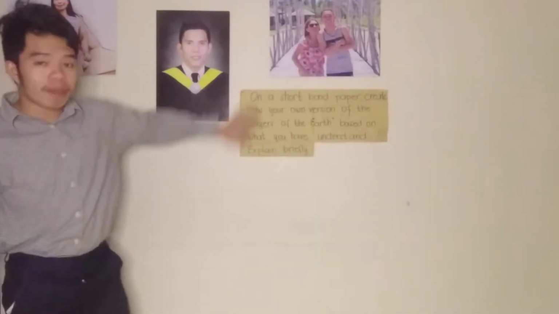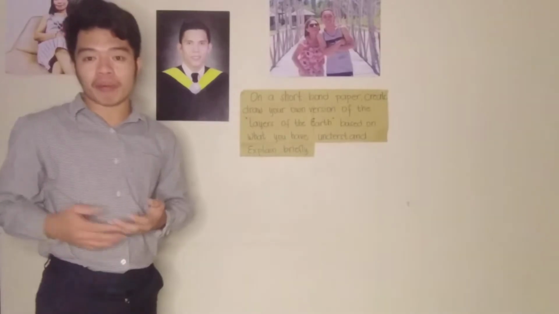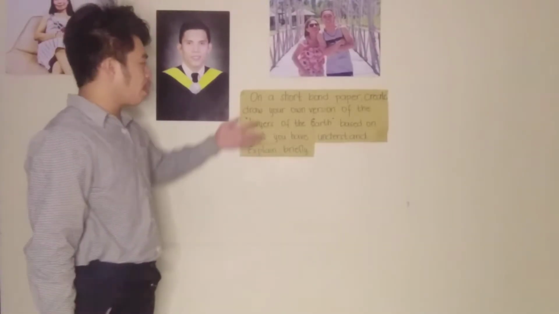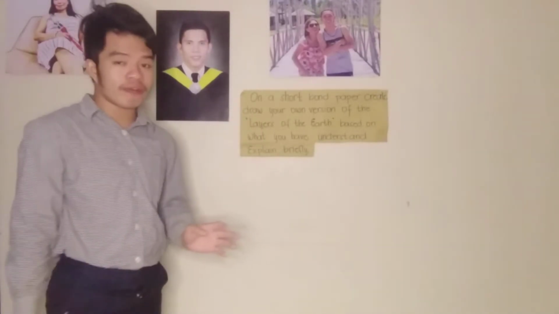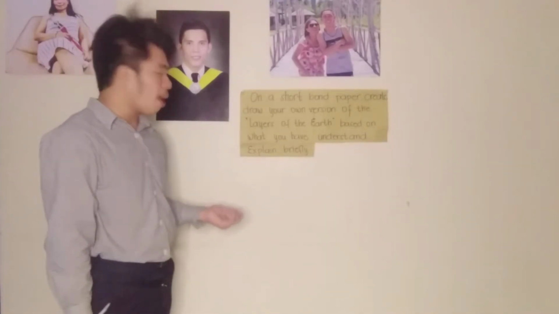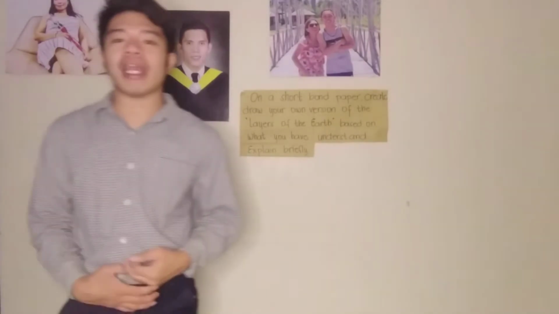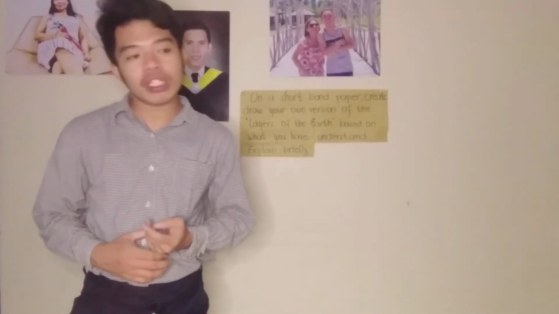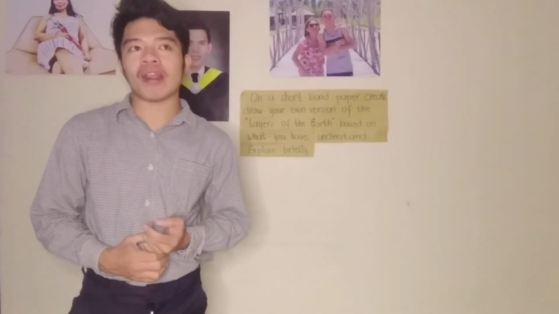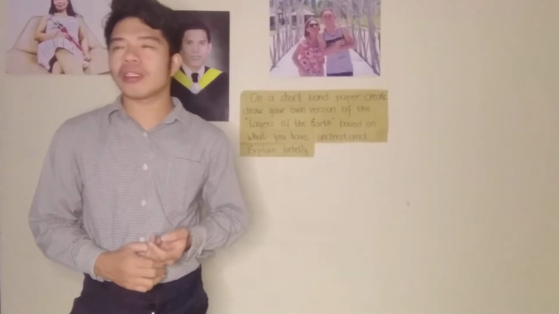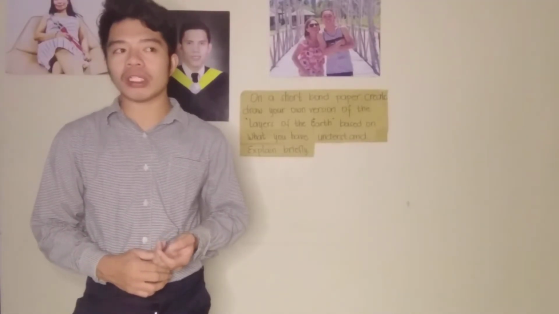On the paper that I am going to distribute later, create or draw your own version of the layers of the Earth based on what you have understood, and please explain it briefly. Five sentences or just a paragraph will do.